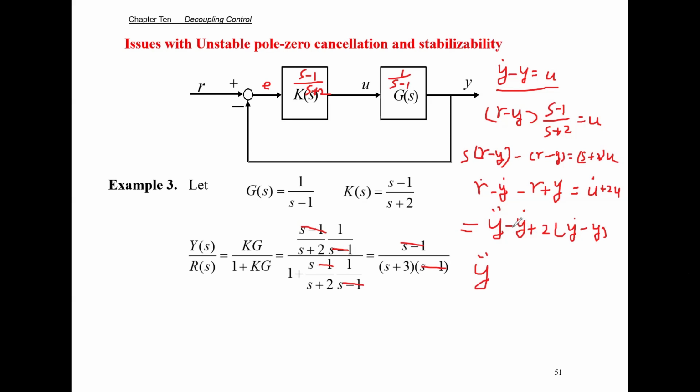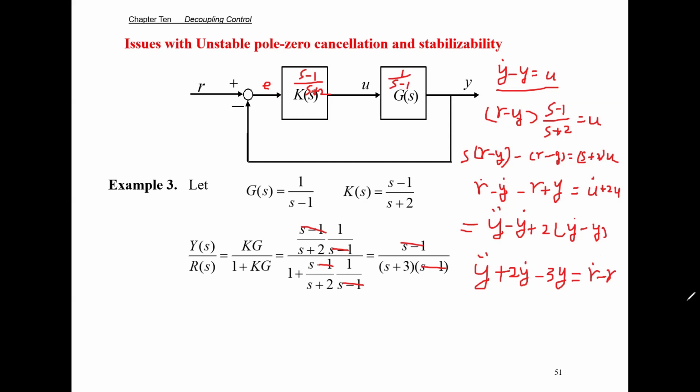Then minus Y dot plus 2Y dot, and another minus Y dot, that will be 2Y dot. Now I have this Y, I put it aside with minus 3Y. That is the output. How about R? So R is just R dot minus R. That is the differential equation relating R and Y.